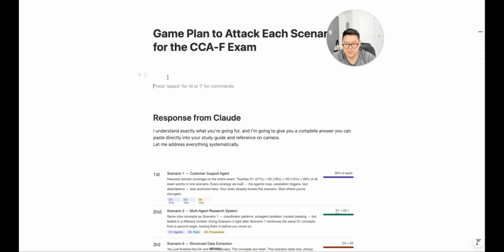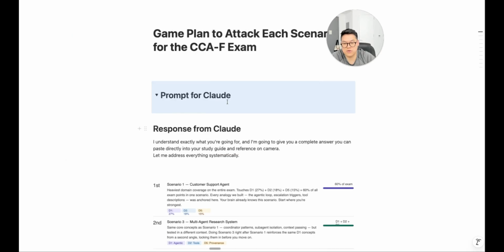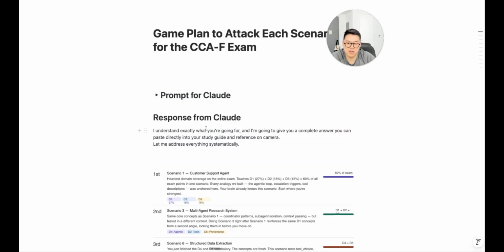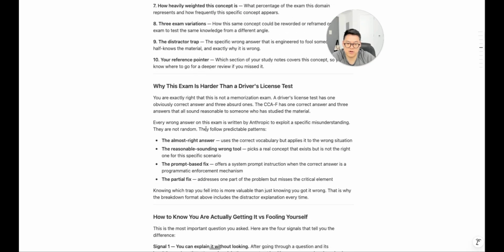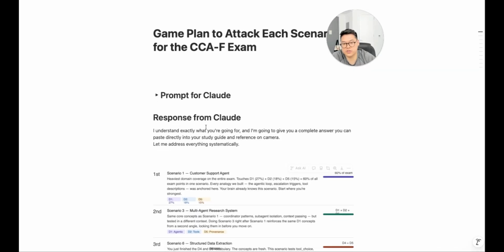It's not possible. The prompt for Claude. I always keep these little prompts, and I'm going to have a little toggle heading, you know? And that way I'm just going to have it right here. And now I have all this information.